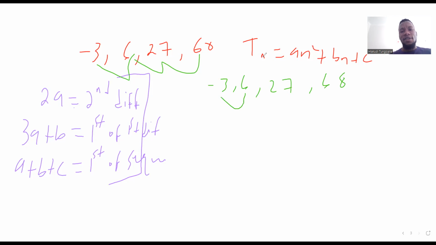If you look at the differences, the first difference 6 minus 3 gives us 9, because it's 6 minus 3, right? And then 27 minus 6 gives us 21. And this is 60.